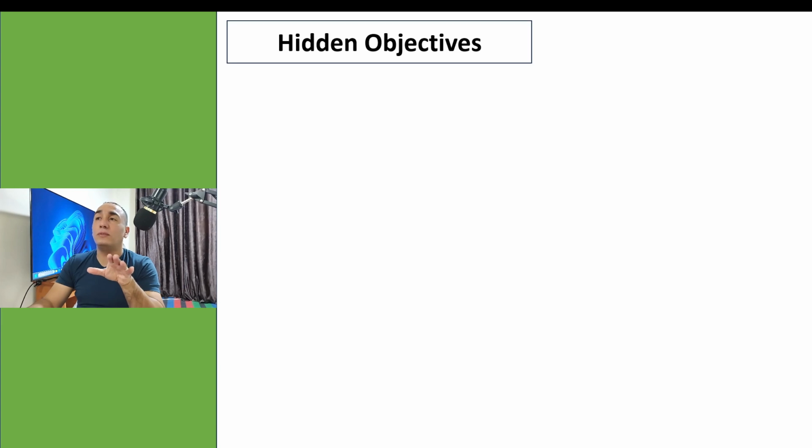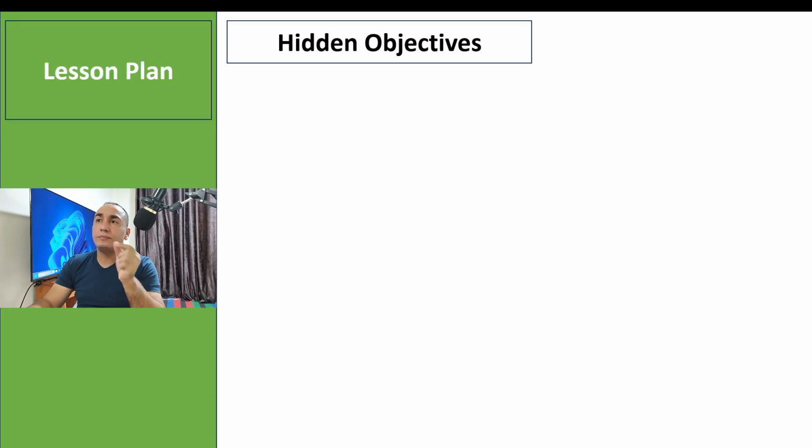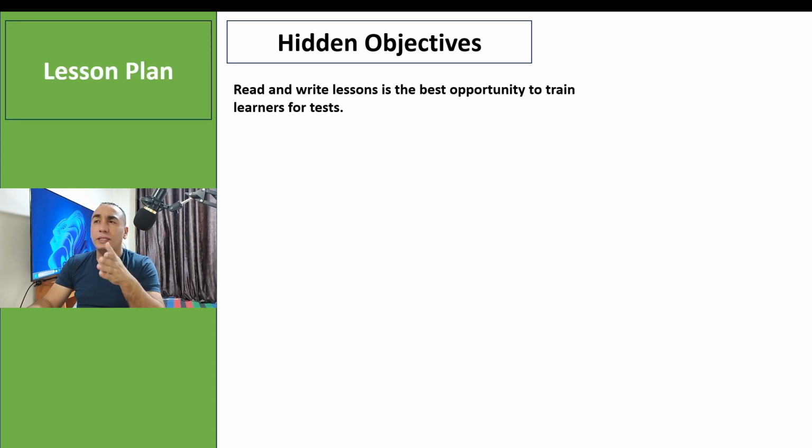And before we move on, let's go to the hidden objective of this lesson. As a hidden objective in this lesson, what I want to do is, a read and write lesson is the best opportunity to train your learners for tests. You see, many times some teachers focus on listening and speaking, but when it comes to the day of the exam they find it very difficult, or their learners are not going to perform well.